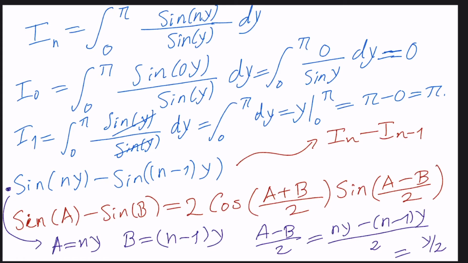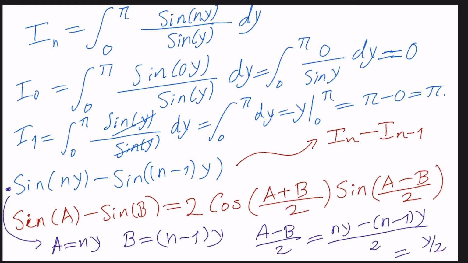Again you will have a similar expression. You do some algebra, separate sine of y as 2 times sine of y divided by 2 times cosine of y divided by 2, and you get cosine of ((2n minus 1) divided by 2) y divided by cosine of y divided by 2. It's not an easy expression, as you can see.